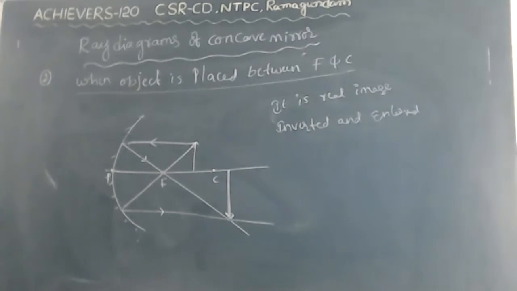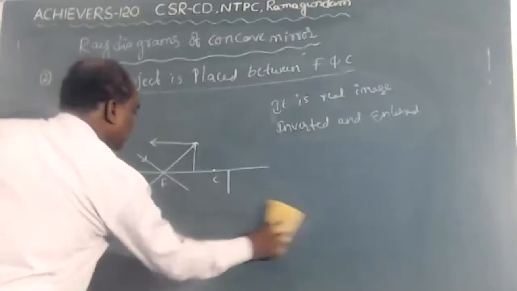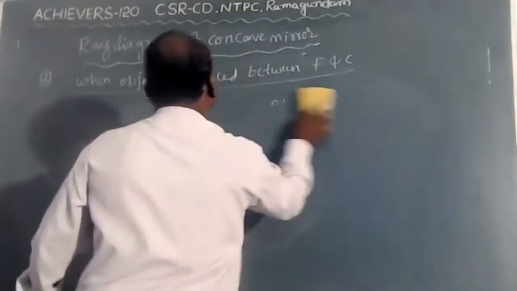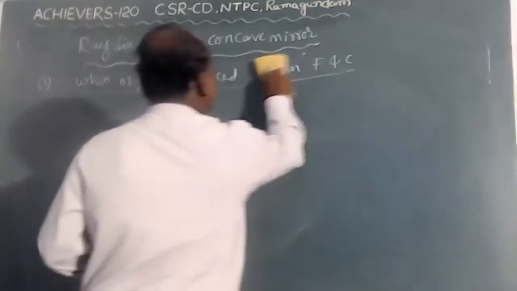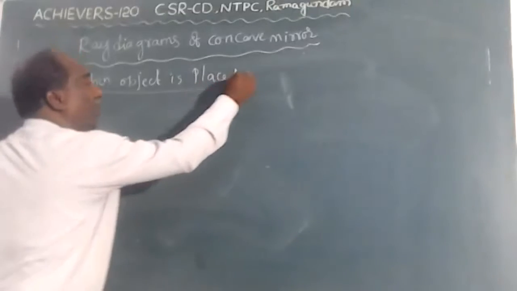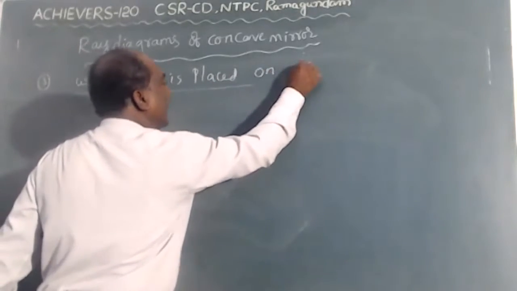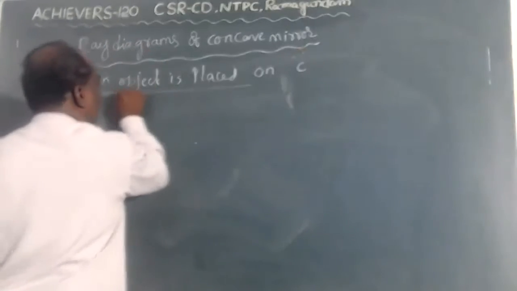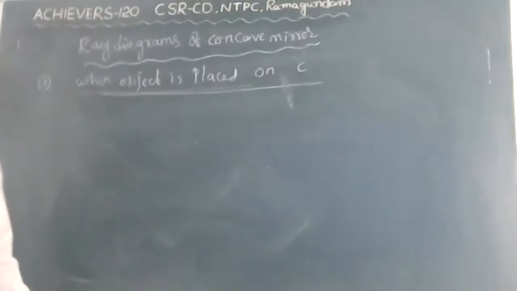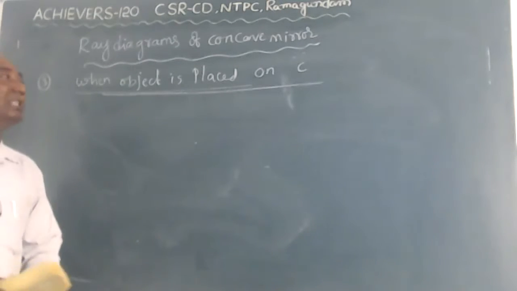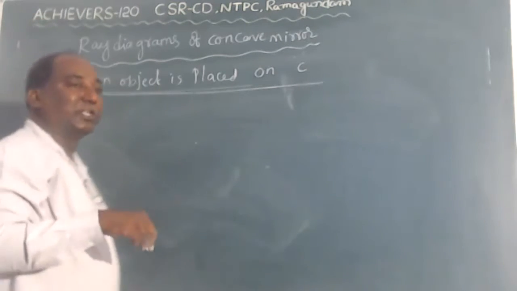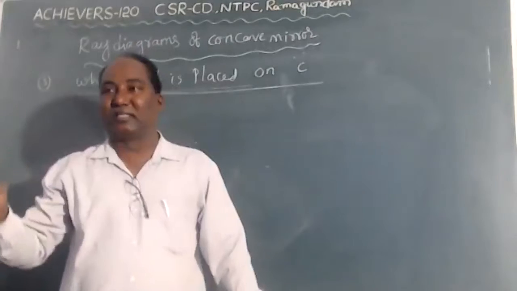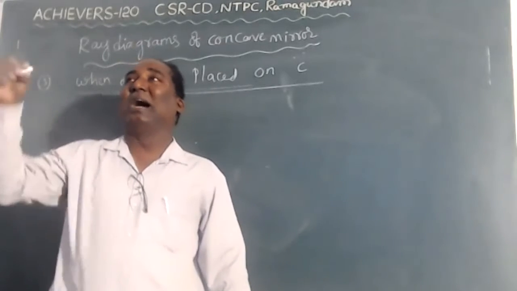Now it is a very important ray diagram, children. Very important it is, when object is placed on center of curvature or on C. So the characteristics: when object is placed on C, the image forms on C itself.